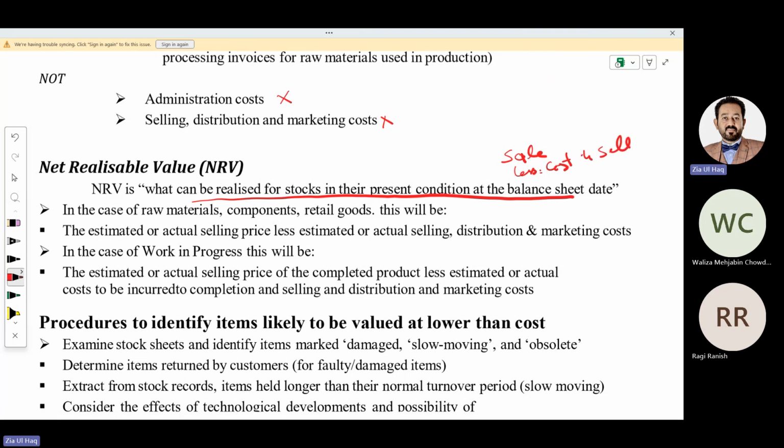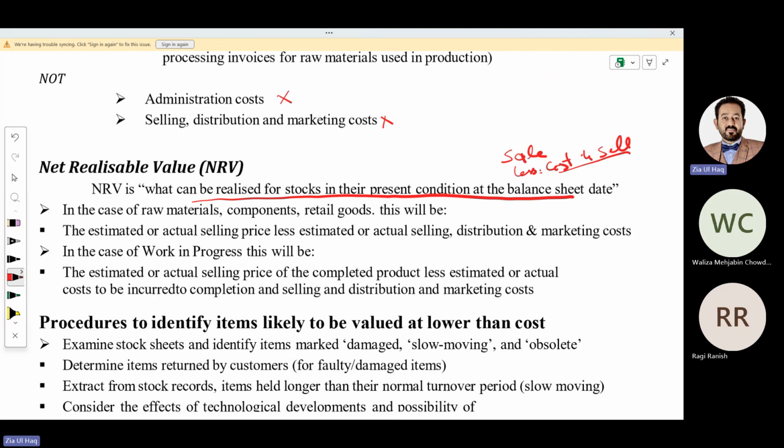Meaning if to sell your inventory you need to pay some commission to any broker, without paying commission to the broker you cannot sell, so that will be called cost to sell. Meaning what you are receiving after selling the inventory, that is NRV.